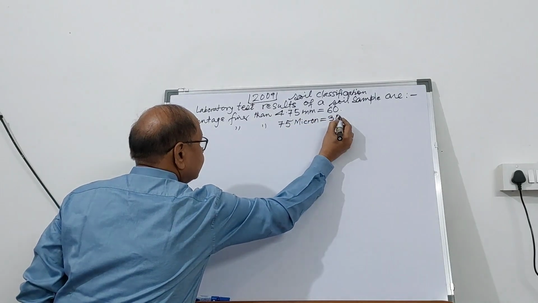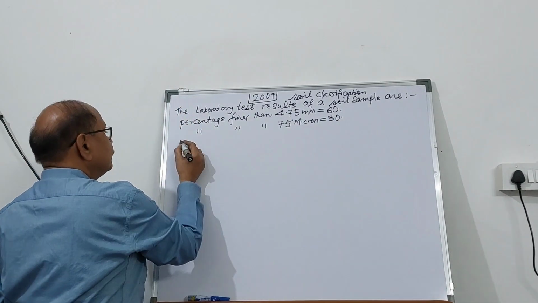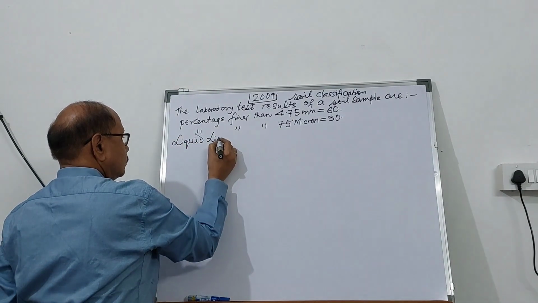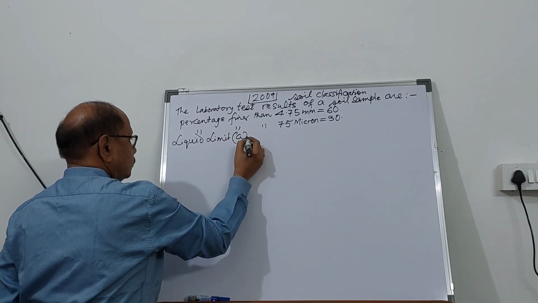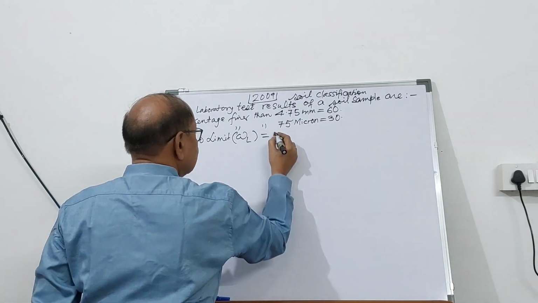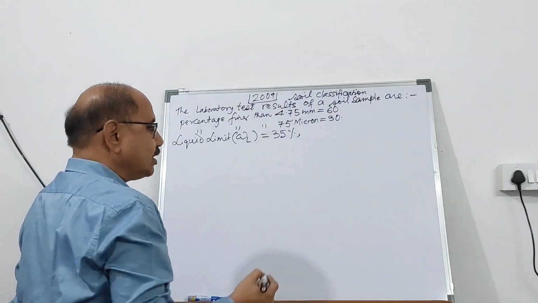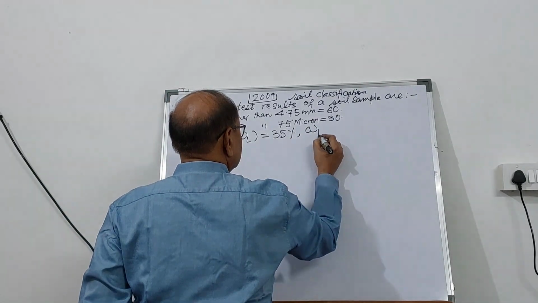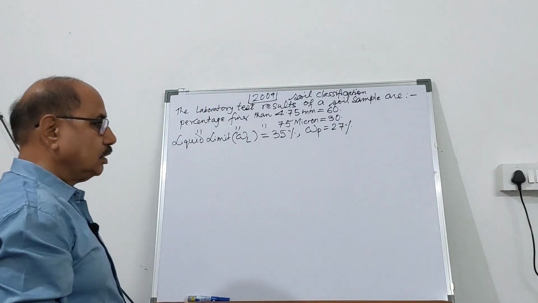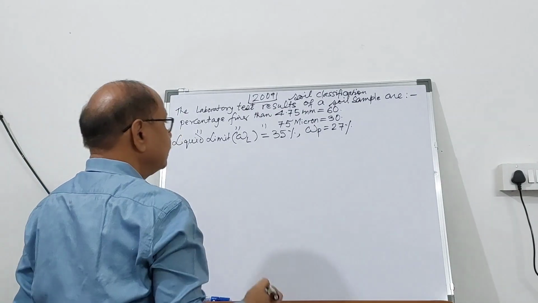is given as 30, and the liquid limit has been found out to be 35% and the plastic limit has been found as 27%.